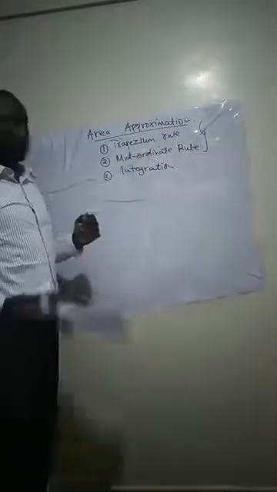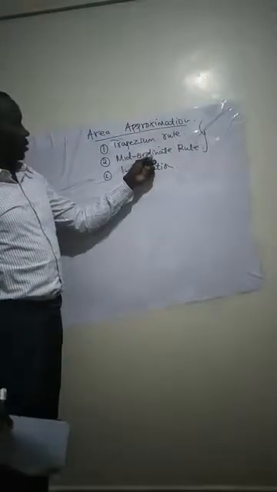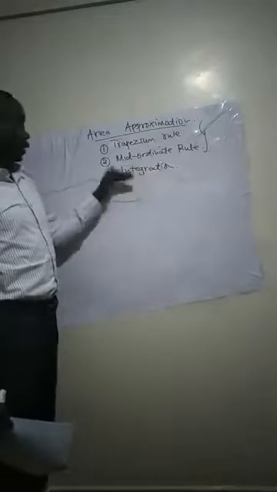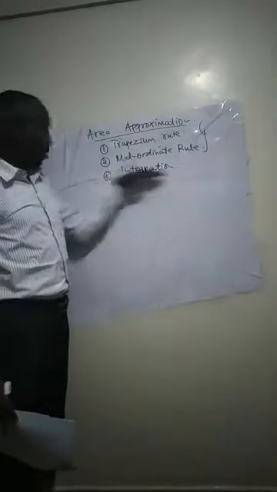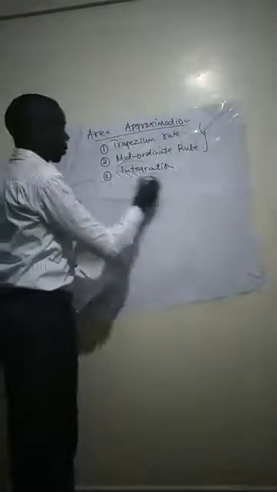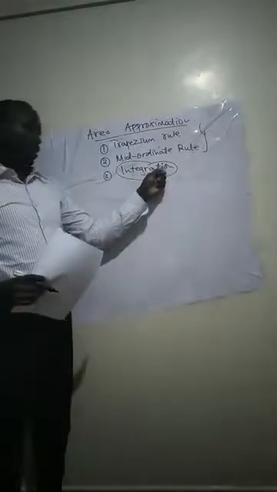But you might need to know that the mid-ordinate rule is more accurate compared to the trapezium rule. And the most accurate, which gives us the actual area, the exact area, is integration.